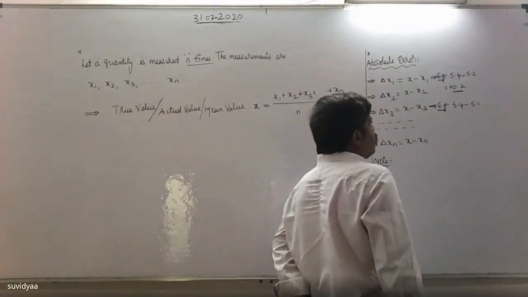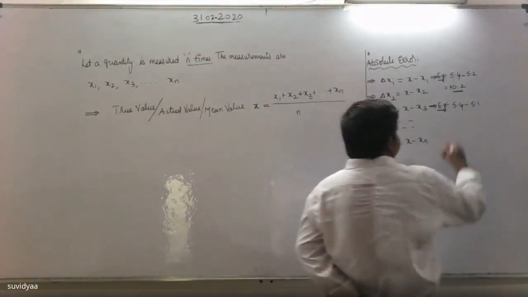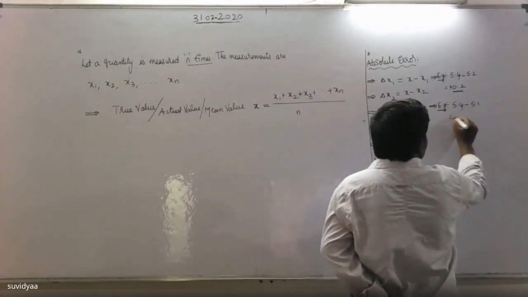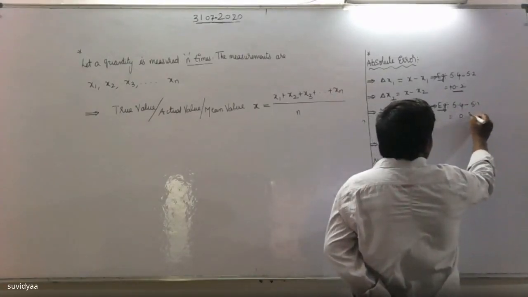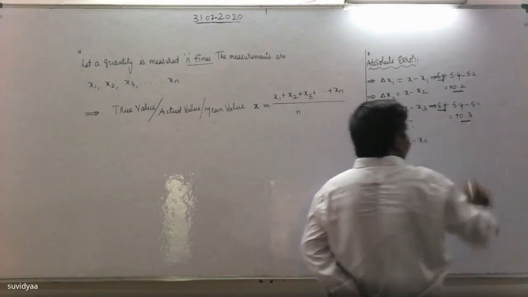Understood? So how much are you going to get? That is plus 0.3.